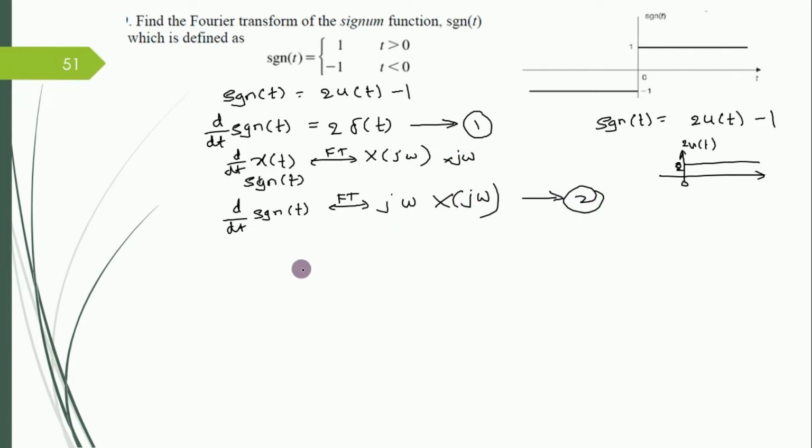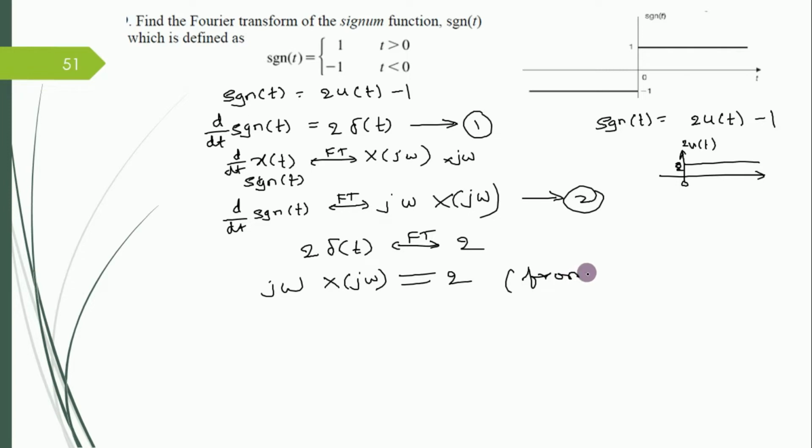Look at equation 1 and equation 2. I can bring out some simplicity here. So I write it here: 2 into delta of t. If its Fourier transform pair is taken, you get j omega X of j omega, and it is equal to 2, because from 1 and 2, using the properties, my problem becomes very simple. This says that the differentiation of the Signum function is nothing but 2 into delta of t.